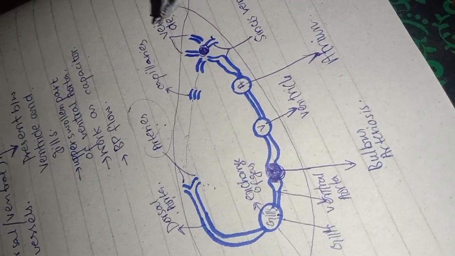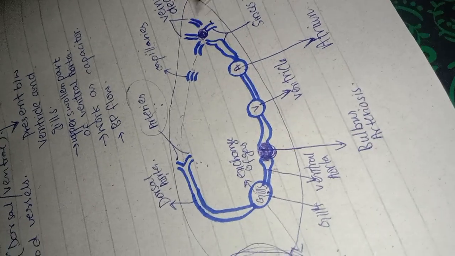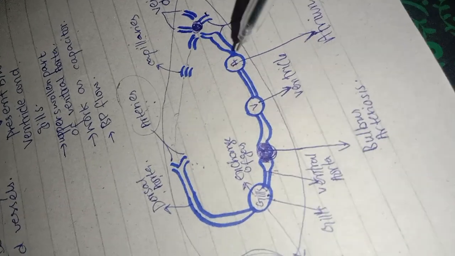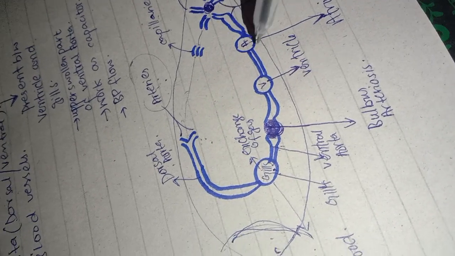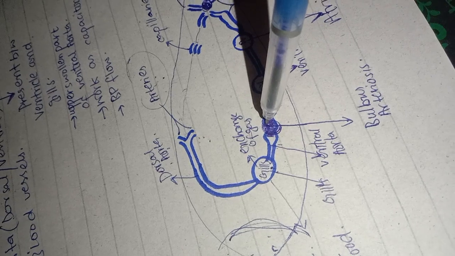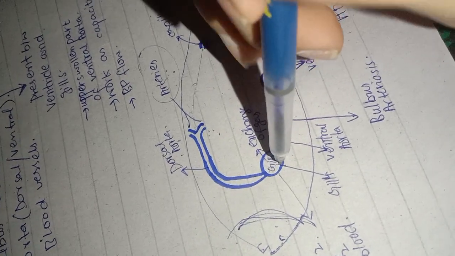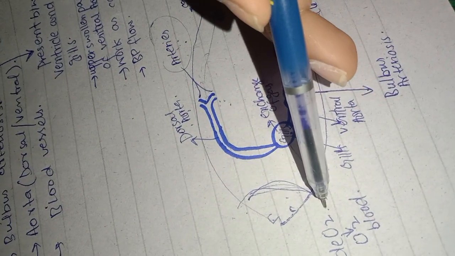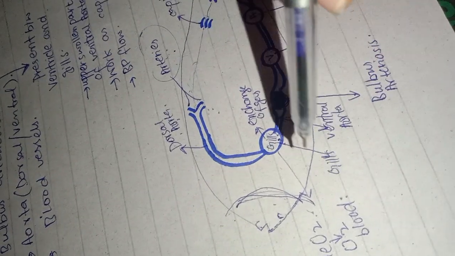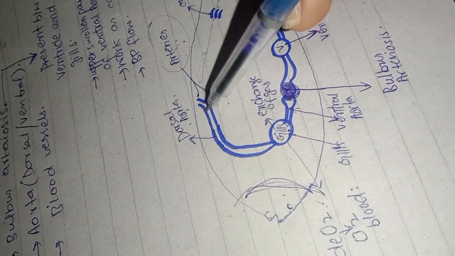So this is the very simple mechanism. First the deoxygenated blood is carried by the veins to the sinus venosus, which carries it to the atrium, then the ventricle, then the bulbous arteriosus, then the ventral aorta, and then to the gills. In the gills the gas exchange takes place, and the deoxygenated blood is converted into oxygenated blood, which is carried from the gills by the dorsal aorta.